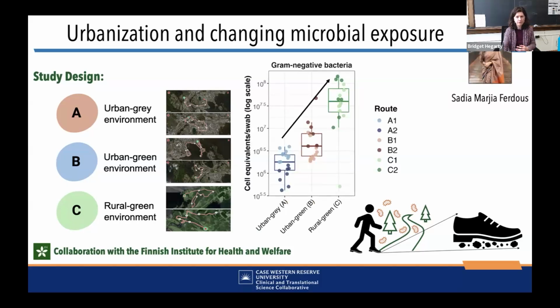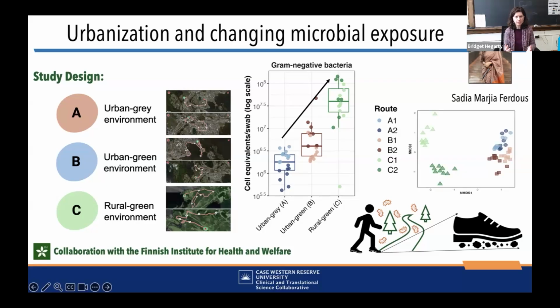One of my grad students, Sadia, showed that as you move from the urban gray environment to the urban green environment to the rural environment, we actually have more gram-negative bacteria, which we would expect. And that the communities in these environments are very different from each other. So if we look at this NMDS plot, if two points are close together, that means those communities are very similar to each other.